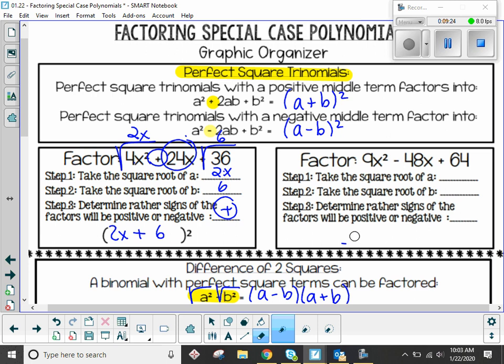And then over here, how do I figure out what a is? Square root the first term. What's the square root of 9? And the square root of x squared. Okay, so that's my a right there. That's going to go in the a spot.